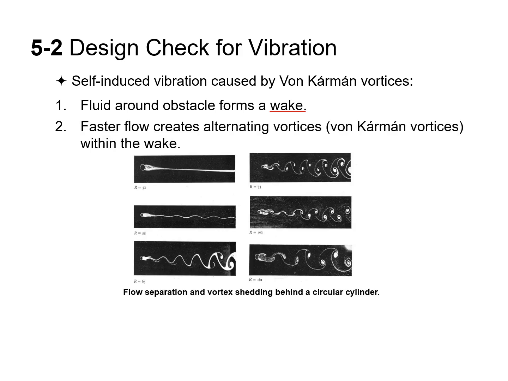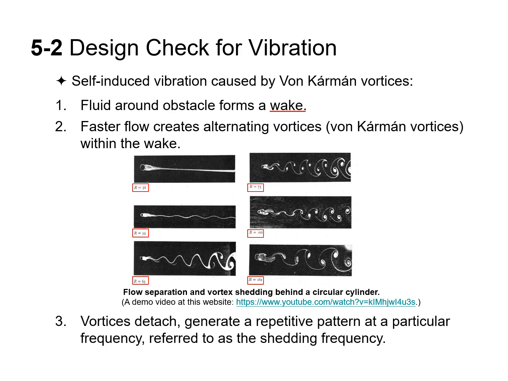As fluid speed increases, pairs of alternating vortices form within the wake. The images depict flow separation and vortex shedding behind a circular cylinder. A higher Reynolds number, Re, corresponds to greater fluid velocity. You can watch a demonstration video on this website.